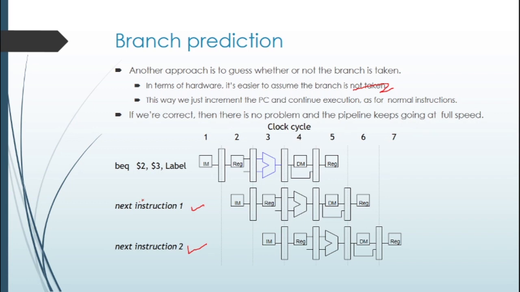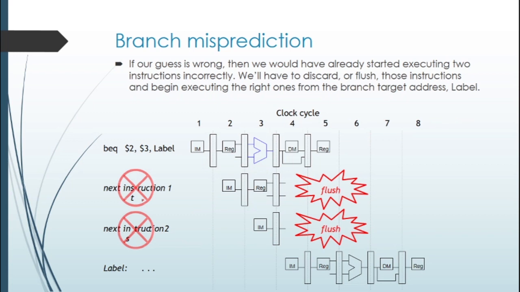But if the prediction is wrong, then we have to remove these next two instructions from the pipeline, so that the pipeline is back to normal. The next instruction that will be fetched should be the branch target address, the label that is decided in the third clock cycle.